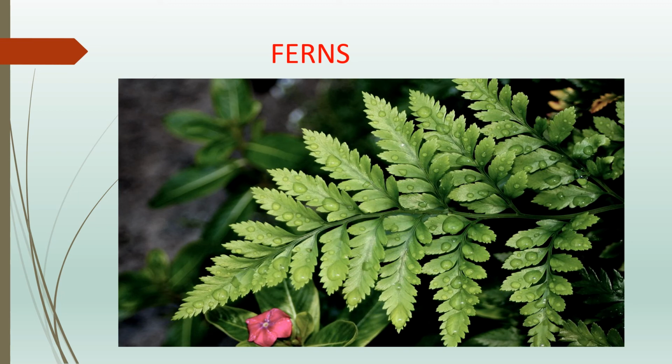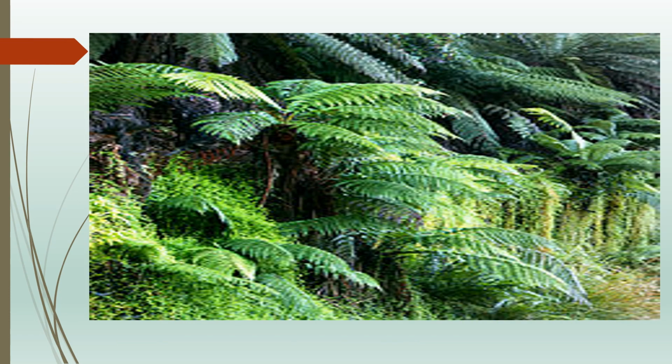The spores are located on the underside of the leaf. They grow mainly in hill areas. Basically, ferns grow in cool, damp places because the hill areas are cool and have low temperature. So they love cool and damp places.